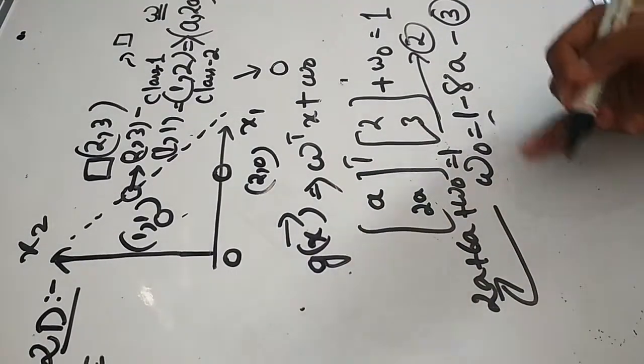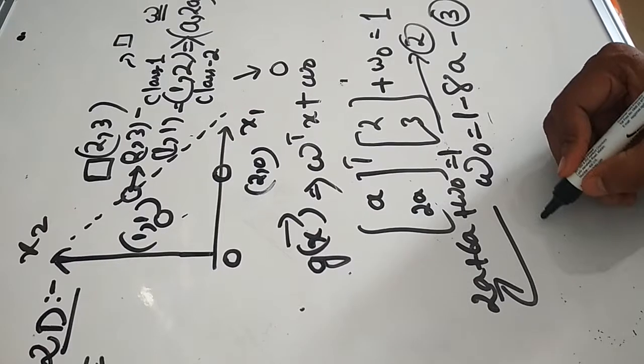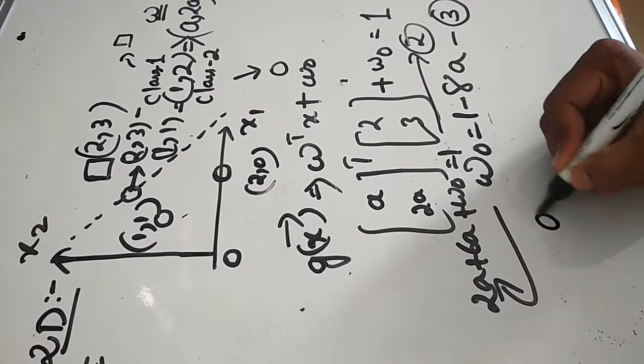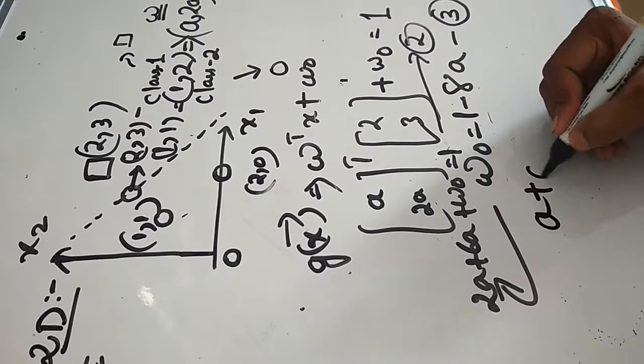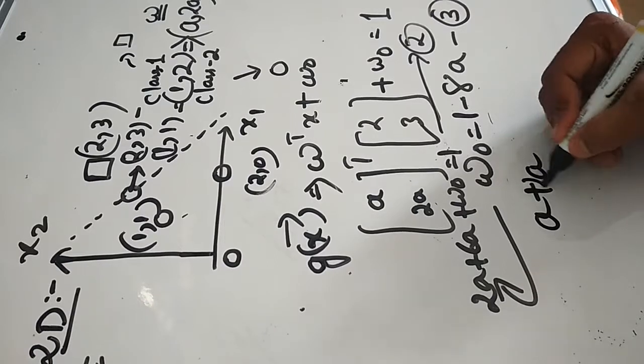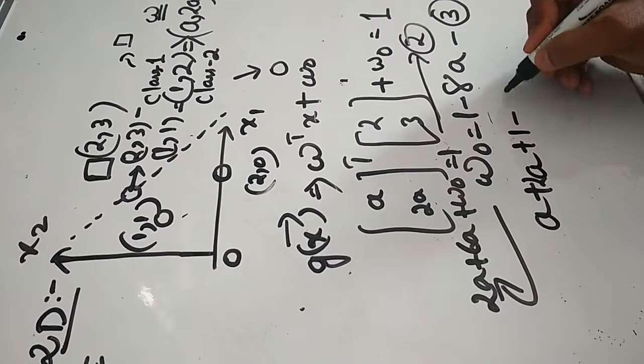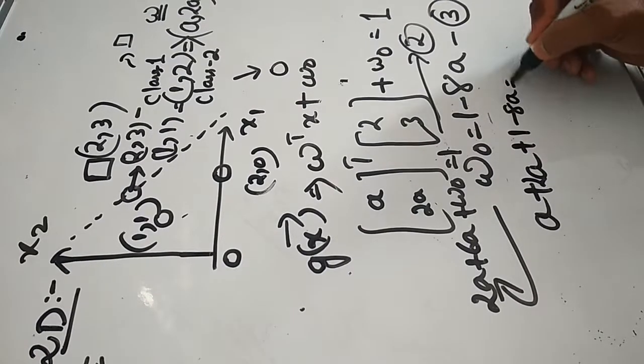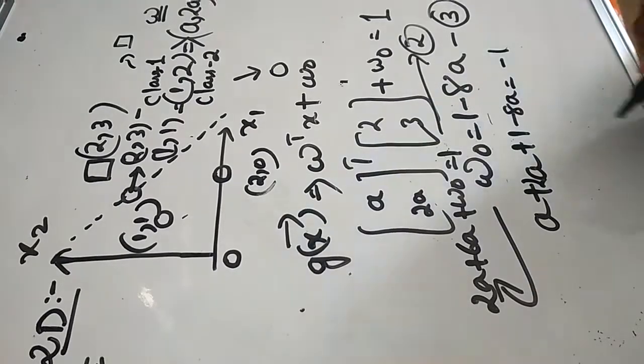So after putting that, we will get a plus 2a plus 1 minus 8a is equal to minus 1.